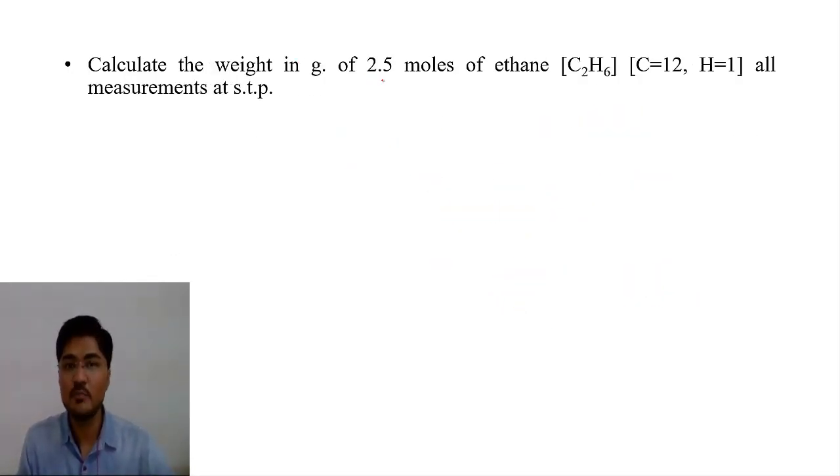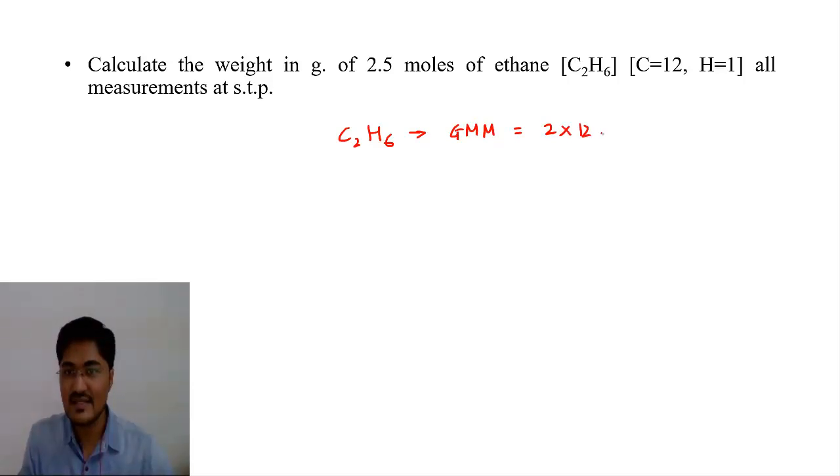Calculate the weight in grams of 2.5 moles of ethane. Ethane is C2H6. Let's first calculate the gram molecular mass of ethane, which will be 2 into 12 plus 6 into 1, which comes down to 24 plus 6, which equals 30 grams.